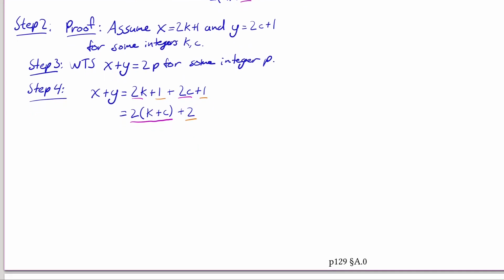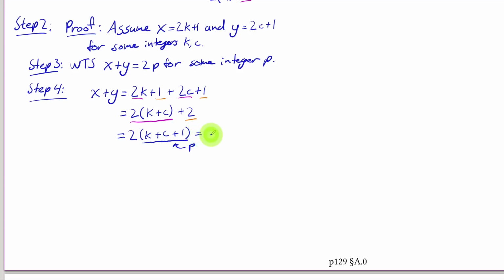Good. And can we get to this goal? Writing x plus y as 2 times something? Sure, we can still factor out another 2. And that is an odd integer, an odd number, because we have, this is the p, k plus c plus 1. Did I say odd?